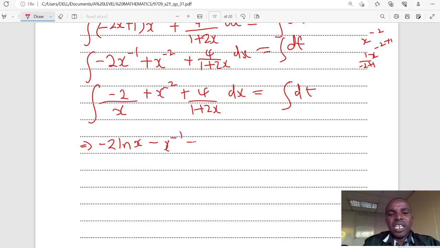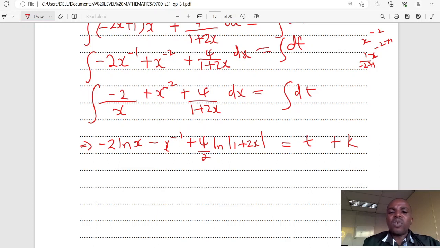Then plus 4 over 2, ln 1 plus 2x, equals the integral of dt, you get t plus a constant.